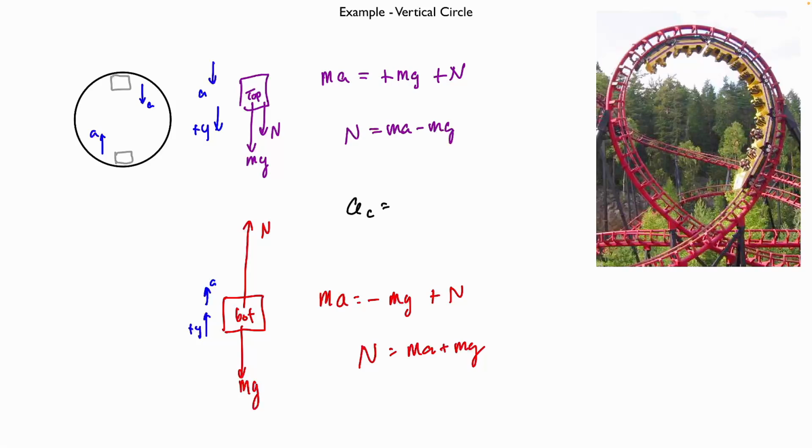It's the centripetal acceleration, which is the velocity squared divided by the radius of the circle. We got that out of chapter 4. So we can put all that in there and solve for stuff. But more fundamentally, a person will experience more normal force.